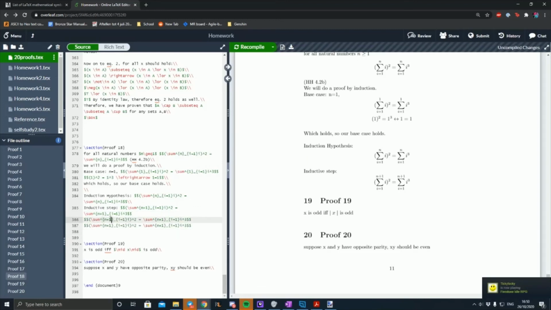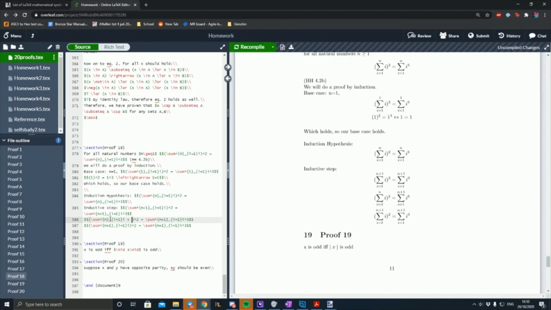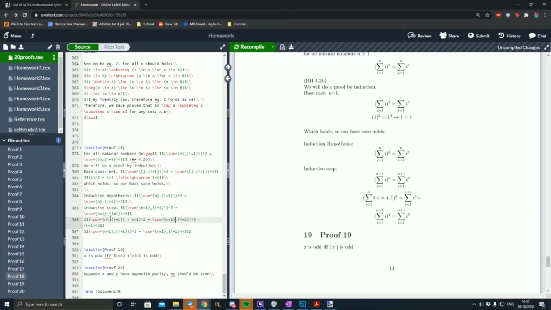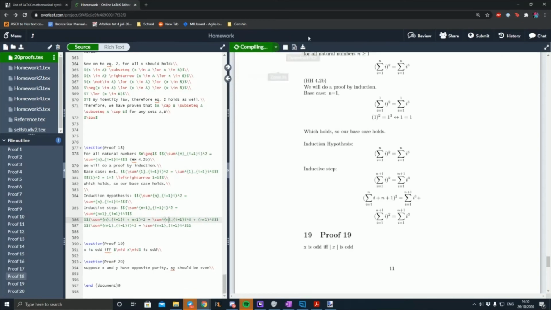Okay, so again we will do the thing where we take out the plus n plus 1 thing here, and we will take out the plus n plus 1 to the power of 3 thing here. And you can see that there's a difference between where we take it out, because here this whole thing is squared, so I have to add n plus 1 to this whole thing inside of the brackets, and here it's just i cubed, so we have to cube this.